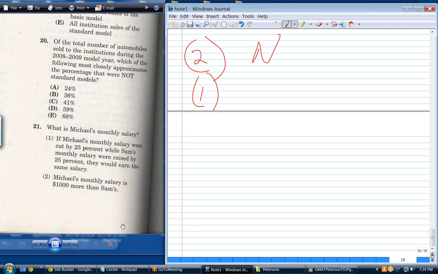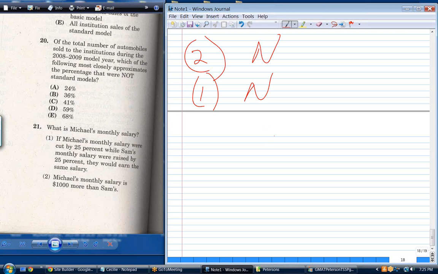If Michael's monthly salary were cut by 25% while Sam's monthly salary was raised by 25%, they would earn the same salary. Well, I'm still going to say no for 1. The reason is that you could pick numbers, but that wouldn't really tell you what his salary is.